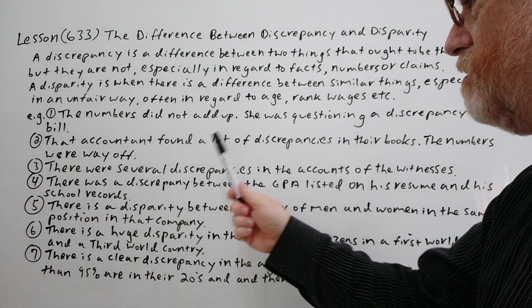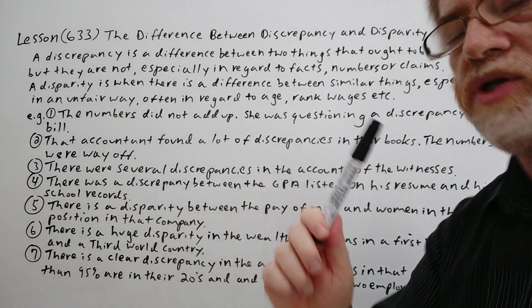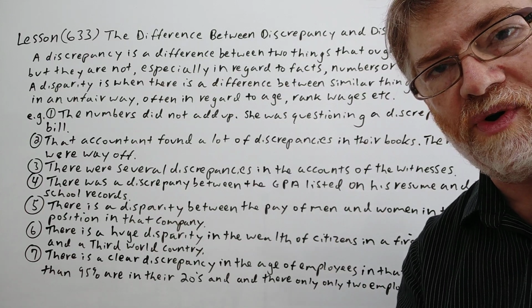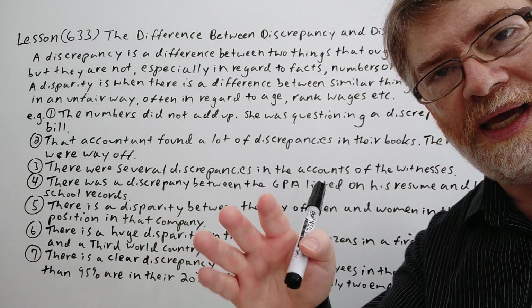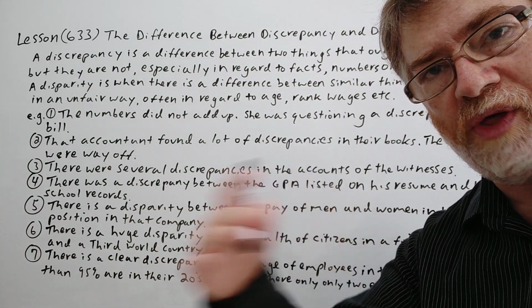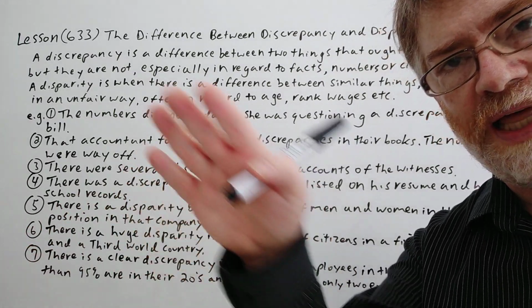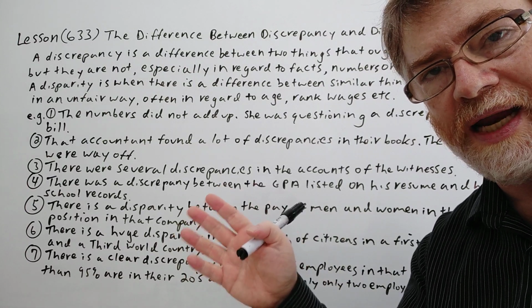Okay, let's continue. Number two, that accountant found a lot of discrepancies in their books. The numbers are way off. Well, yeah, so if you're an accountant, of course, you have all the expenses and all the bills, everything that you had to pay and all the costs and then all the profit that's taken in. And there's a lot of numbers that are subtracted and added, but they should still add up the same.